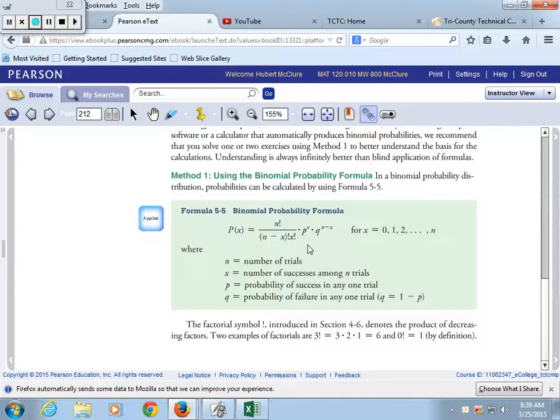Let's say that you flip a coin 100 times, and you find out that it's a little bit weighted toward tails, because out of the 100 times that you flipped it, 57 of them fell on tails.